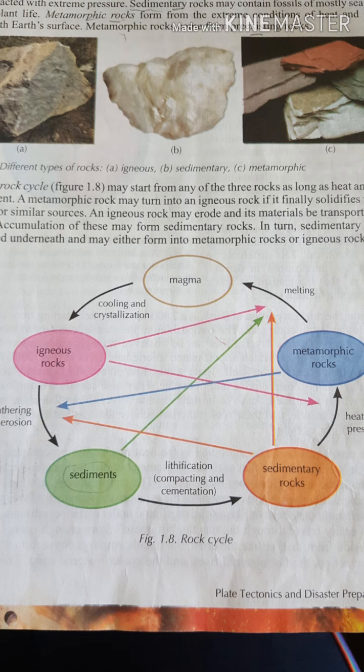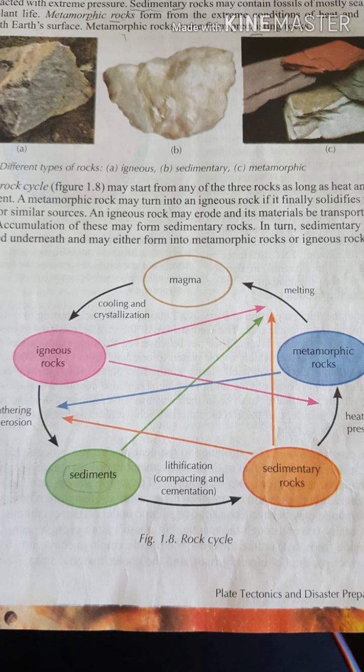Okay? And then from there, the magma is a combination of igneous rocks and molten materials. Because of the cooling process and the crystallization process, that magma turns into igneous rocks. As you can see the color, it is grayish black or black grayish.